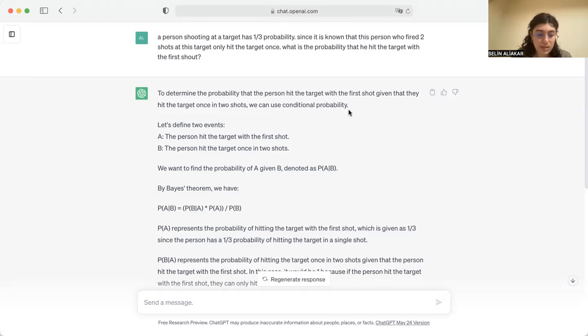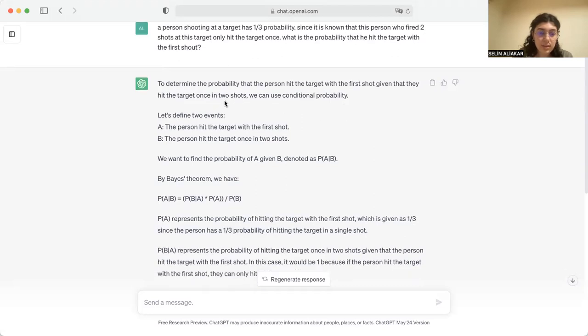That is correct. We have to use conditional probability to solve this problem. And ChatGPT defines 2 events here: A is the person hit the target with the first shot, and B is the person hit the target once in the 2 shots.